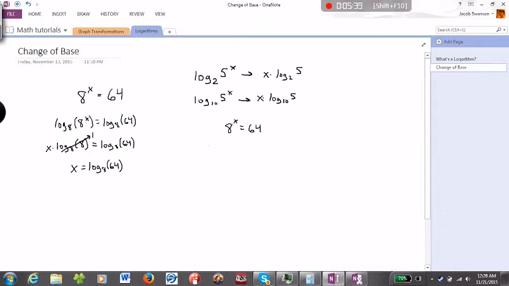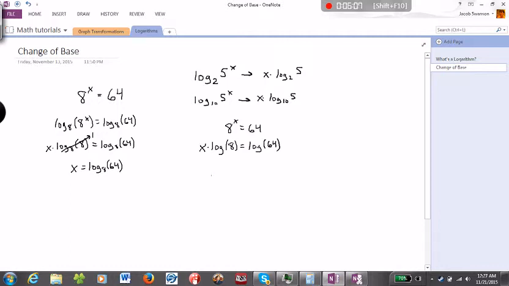And I'm going to skip a step here and go ahead and pull the x in the exponent out front as a coefficient. So we have 8x times the log, which I'll just leave out the base 10 and just put as log of 8, is equal to the log base 10 of 64.